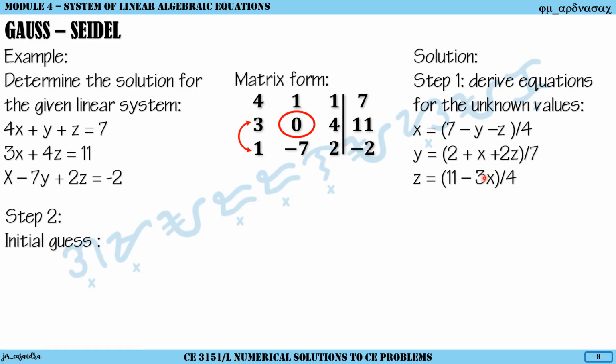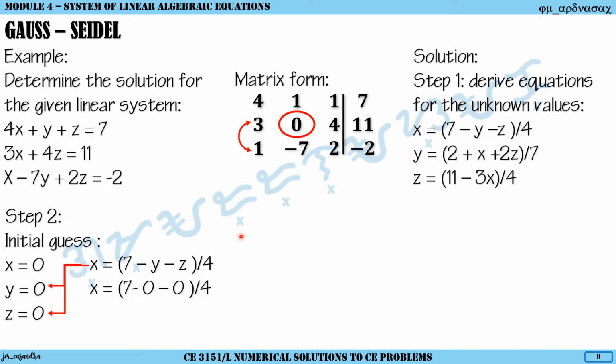Step 2, we have our initial guess. X is equal to 0, y is 0, and z is 0. So for our first iteration, we use our first assumption. So x now is equal to 7 minus 0 divided by 4, giving us a value of 1.75, which is the same as our first iteration in the Jacobi method.